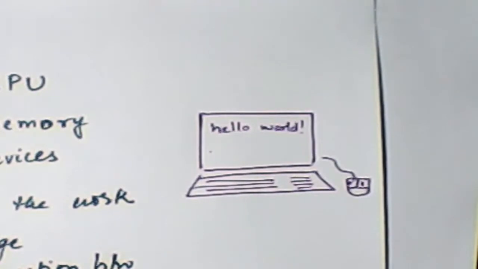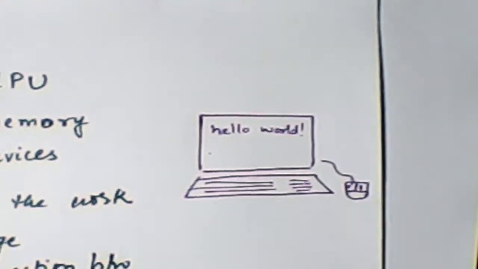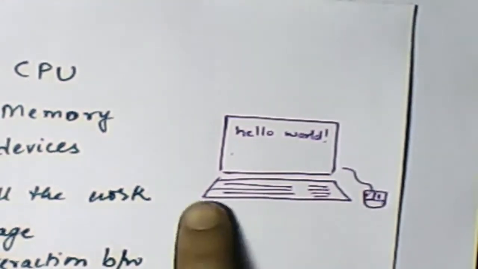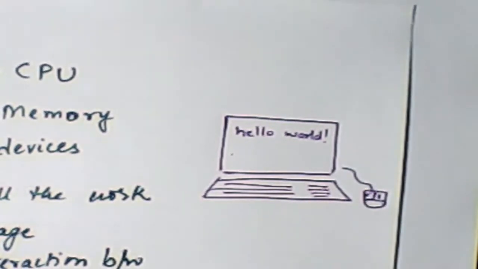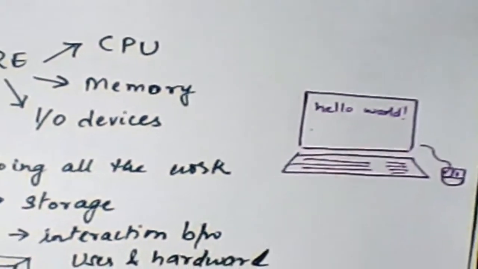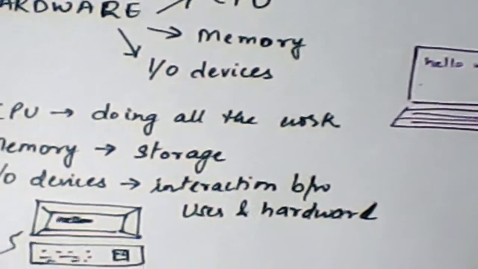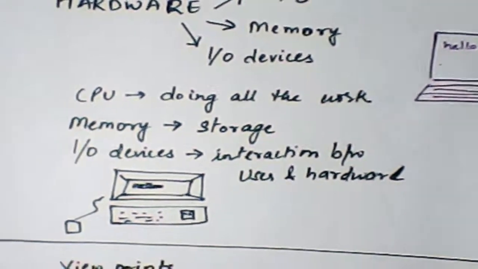So this is an output of the keyboard, something you have typed, from mouse you selected an executable file, you ran it, and you executed it, and based on that the output came hello world. And you wrote the program using the keyboard. So these are the hardwares which are interacting with the system, and these are called the input output devices.